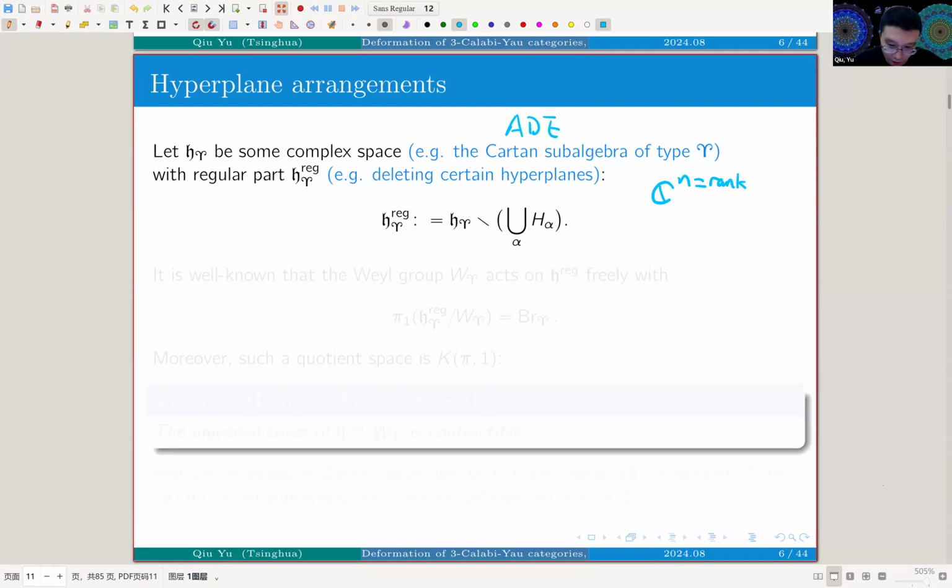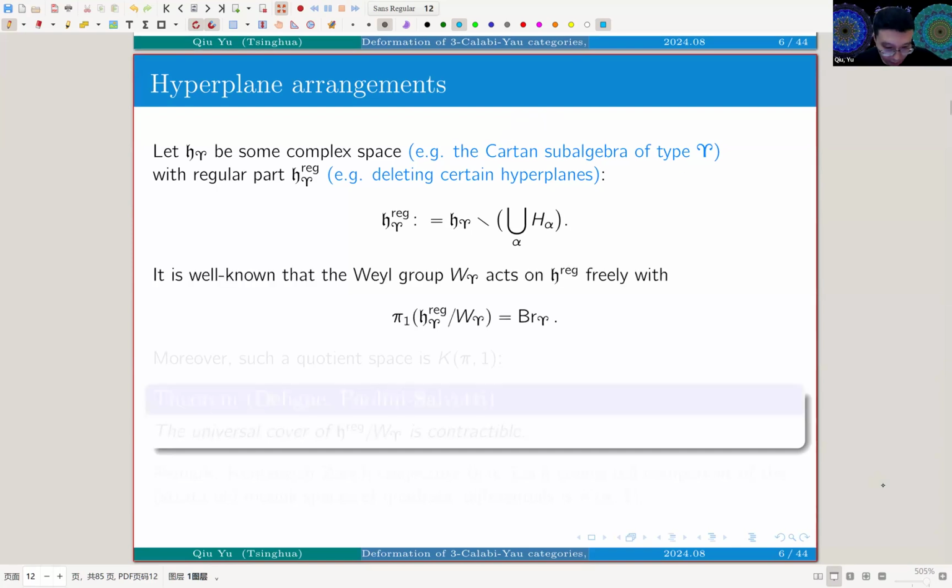In the affine type, you also need to take out some affine hyperplanes. And then the Weyl group acts on this regular part of the Cartan subalgebra freely. And we know that the pi1 of this hyperplane arrangement complement equals the braid group.